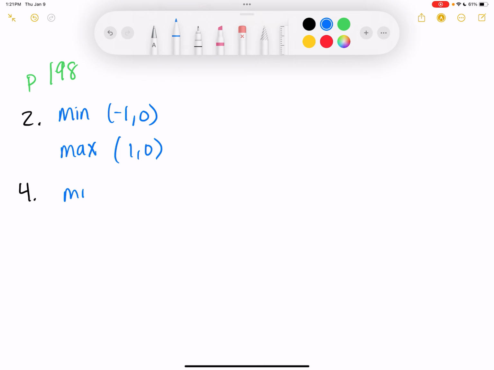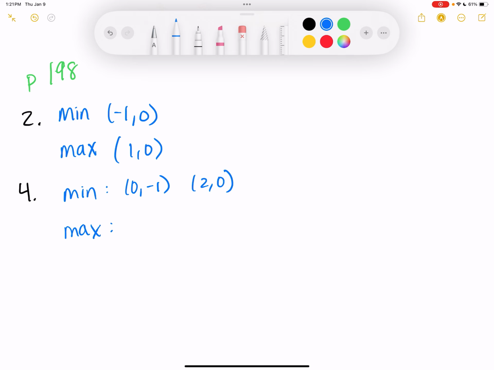All right, 4, we're going to do the same thing. Remember, because we're just looking for extreme values, they didn't specify absolute, we're looking for all of them. I think this one's all closed circles. Yes. All right, so what values look like they would be mins on here? 0, -1, and 2, 0. Yep.